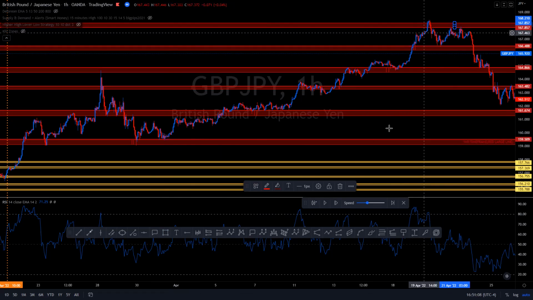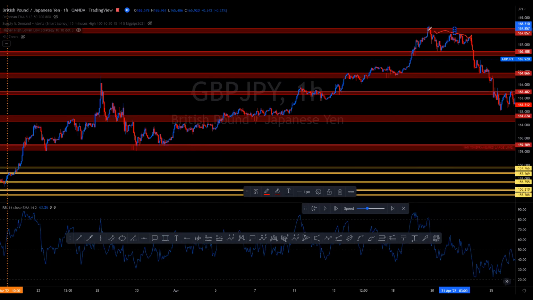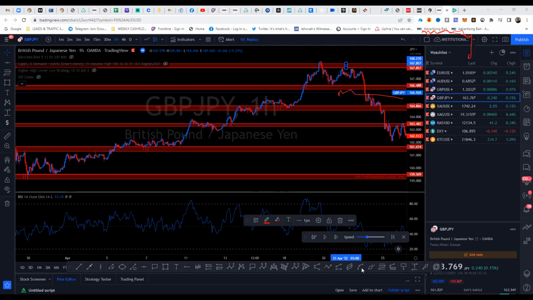And as you can see, price is definitely hitting these support and resistance areas. So now what we're going to do is move on to the 4 hour time frame. Let me do this here.